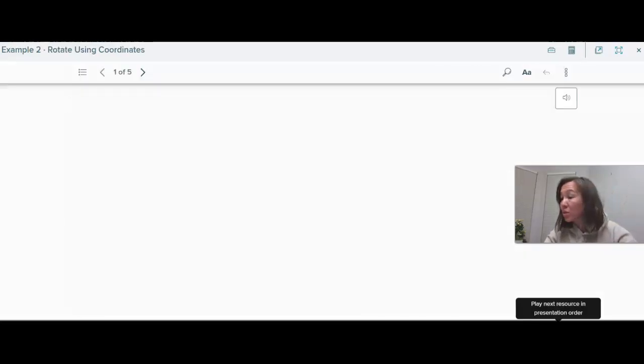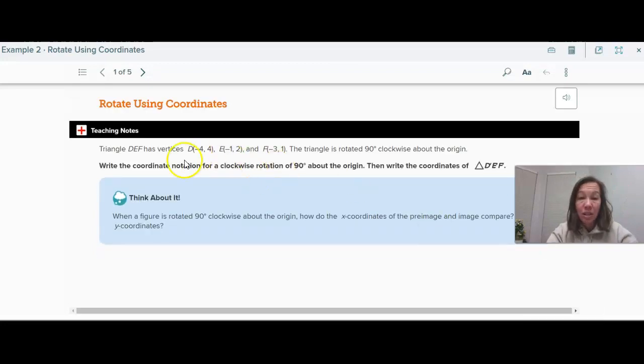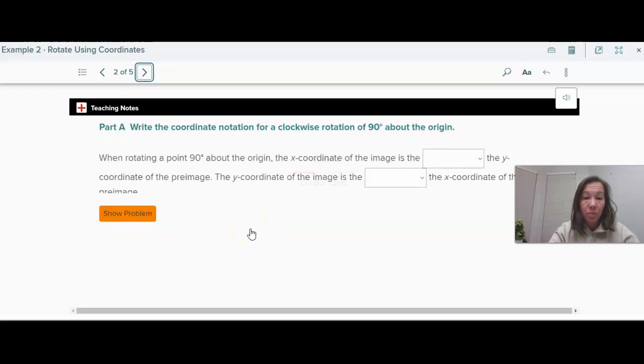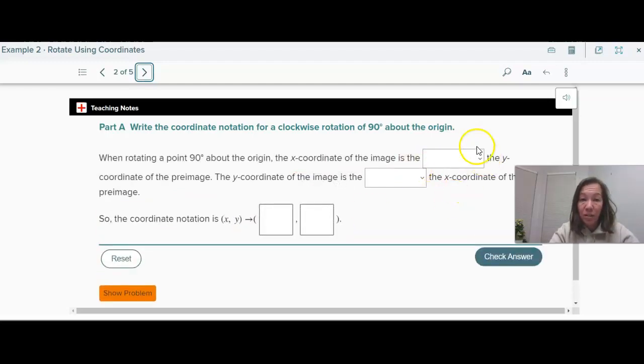So if we want to rotate using coordinates, here's triangle DEF, and it's rotated clockwise 90 degrees about the origin. When rotating a point, I'll just go through here so you can fill in the notes. This is on page 459. When rotating a point 90 degrees about the origin, the x-coordinate of the image is the same as the y-coordinate of the pre-image.